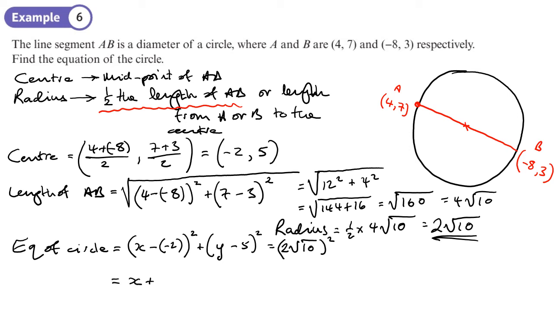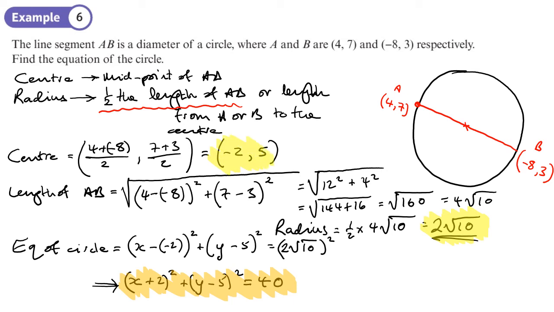So x plus 2 squared plus y minus 5 squared, and 2 root 10 squared is exactly 40. Okay, so there we go. There's our equation of the circle, and we found it after we worked out the radius, which was half of the diameter, and the centre by finding the midpoint of the two ends of the diameter.